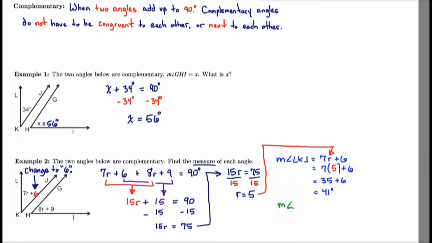Then I need to substitute 5 in for r for angle GHI. So 8 times 5 plus 9 is 49. And then in my check here, I know that 41 plus 49 equals 90, which is complementary. Done.